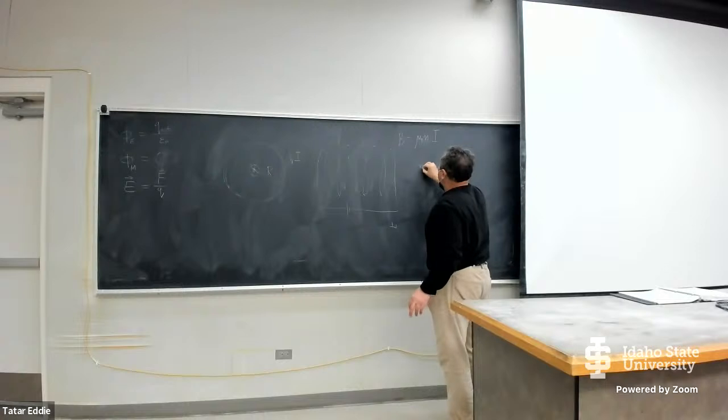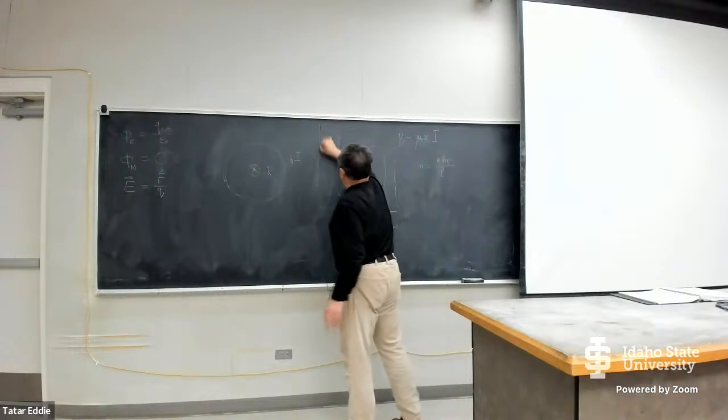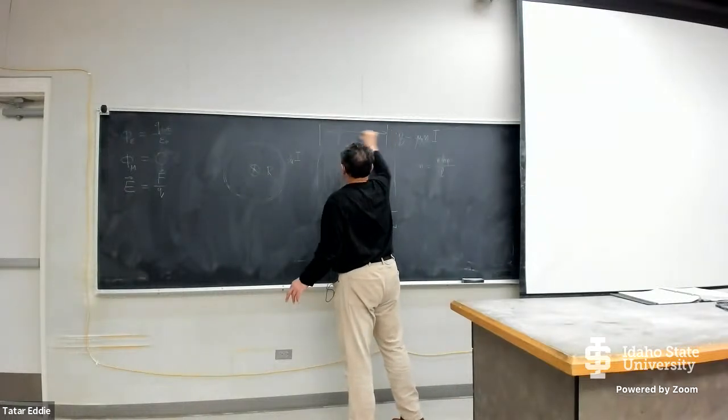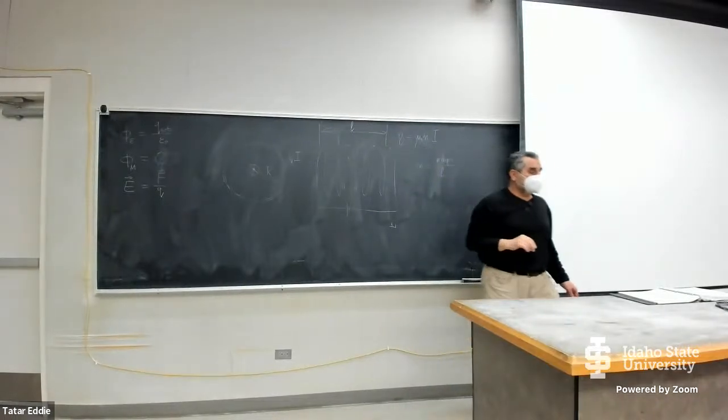So n here is the number of loops per unit length. This is the length of the solenoid L. So, number of loops per unit length.